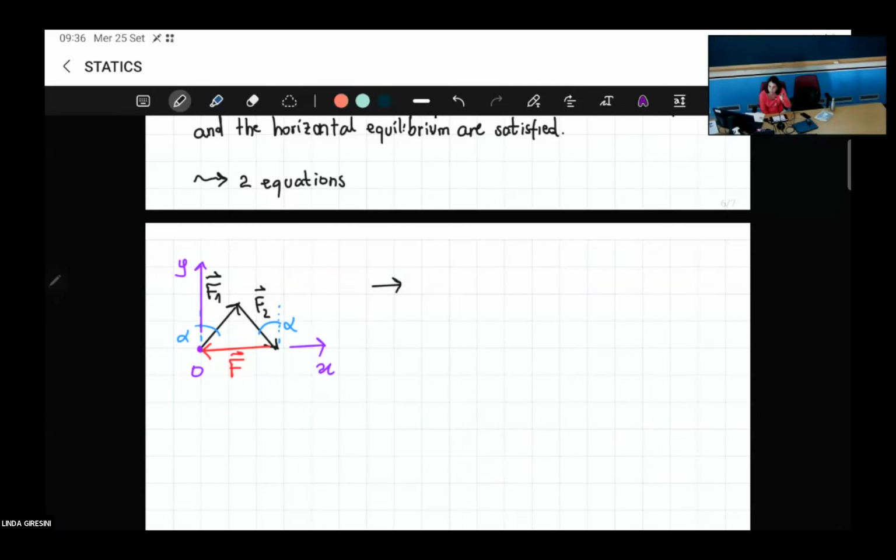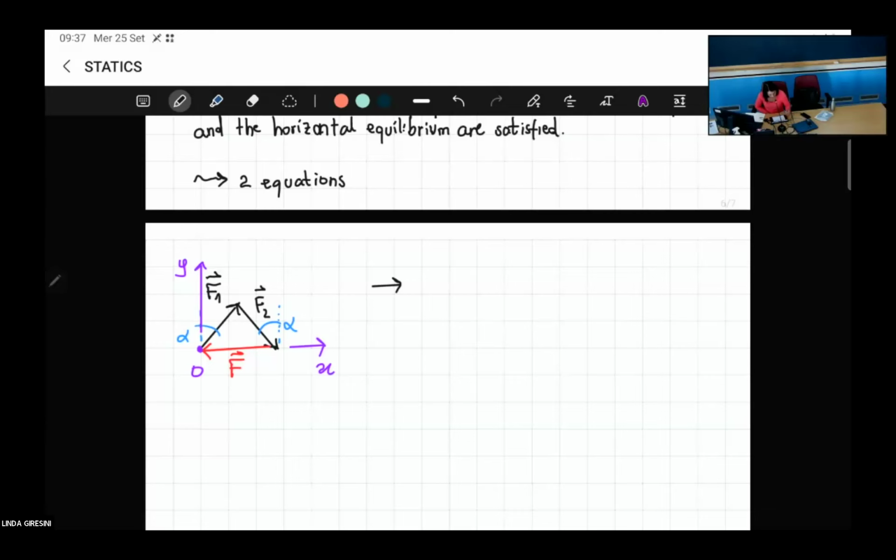It doesn't matter where your origin is. Also later, when we see the moment of forces, independently of the selection of the pole itself, the result doesn't change.